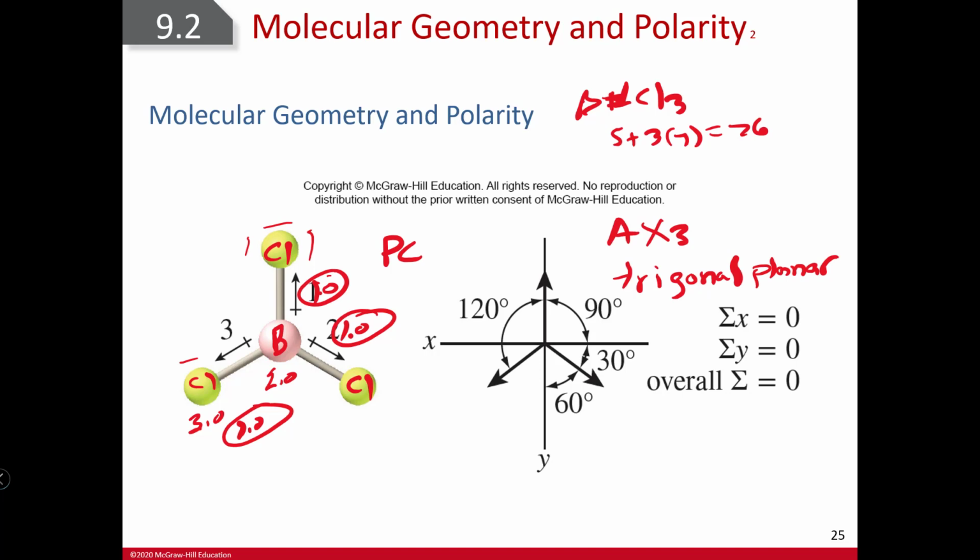So we have forces going out to the more electronegative chlorines. And the question is when you look at this as a whole, is there an overall direction these arrows are pointing? And hopefully you say no, that these three arrows are not pointing in any particular direction.